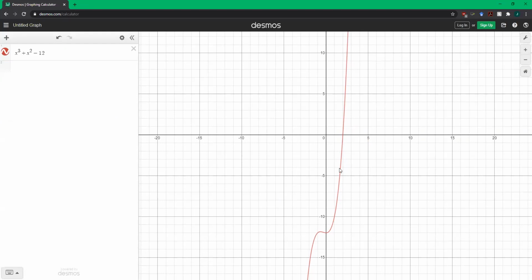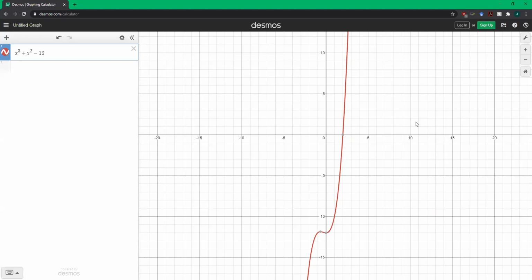If you notice, this function only has one x-intercept, and that matches up with the fact that we only had one real zero. This zero, and our zero was 2. It's really hard to check our work here with this one because we have an imaginary solution, and this is a real plane, so we can't really graph it.